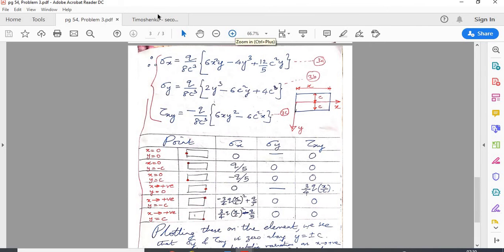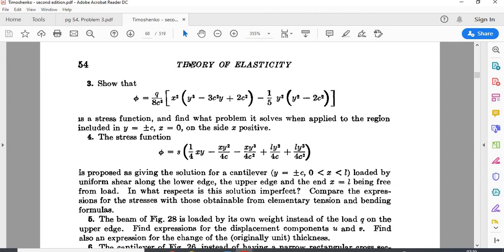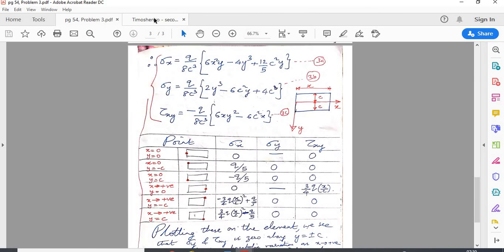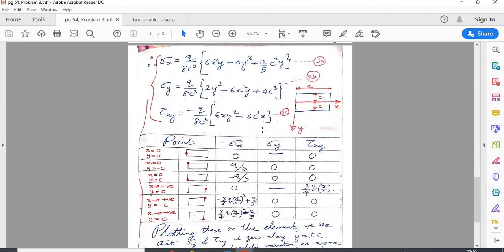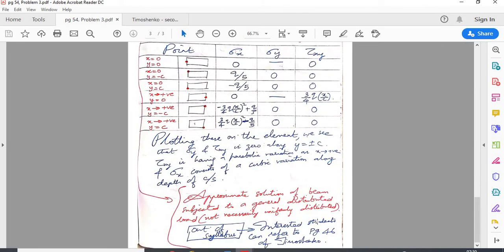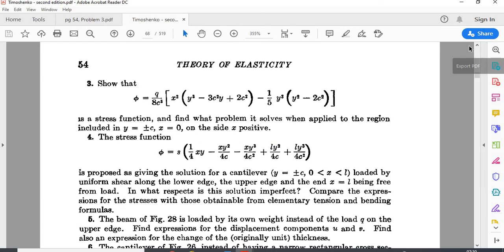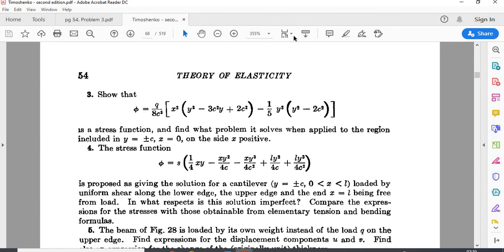This type of problem is also discussed in this chapter of Timoshenko. As per the syllabus, we had discussed only the first few pages of this particular chapter. So if you are interested and curious, you can go to page 46. Let me just go there.